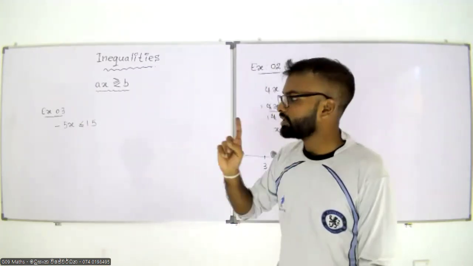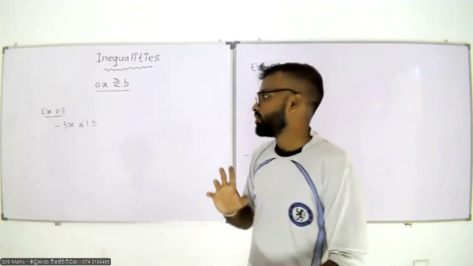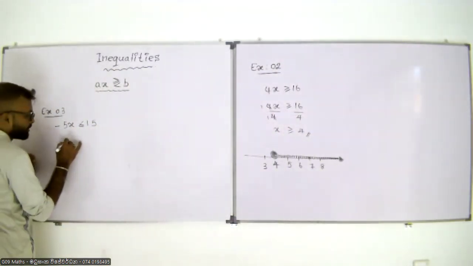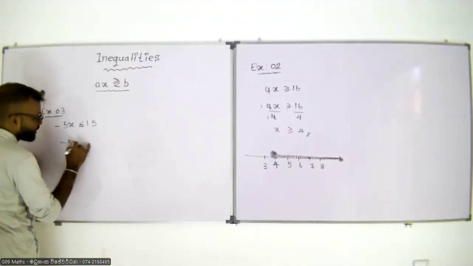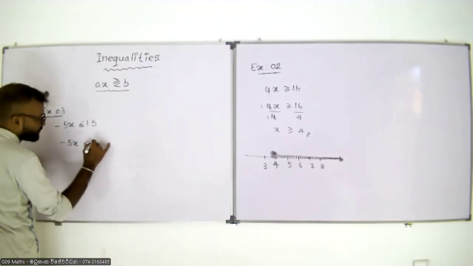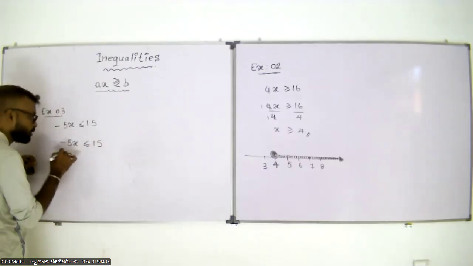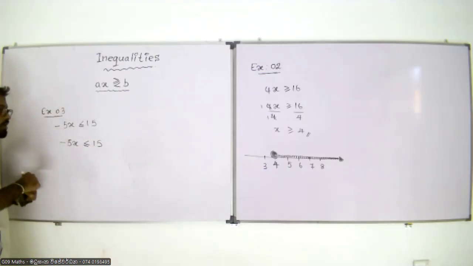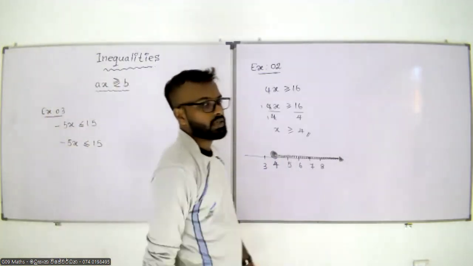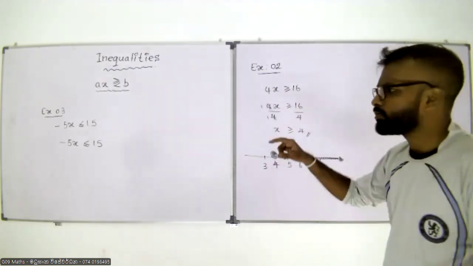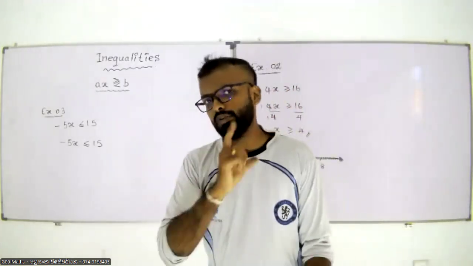Okay, I will continue this. So, for your reference, I will rewrite this inequality again. Negative 5x less than or equal to 15. So I am going to divide both sides by which number? Is it a positive number or a negative?